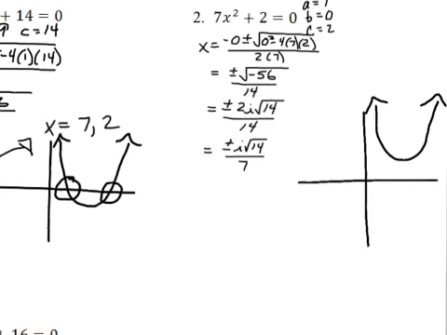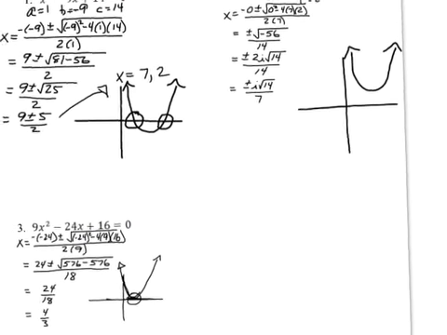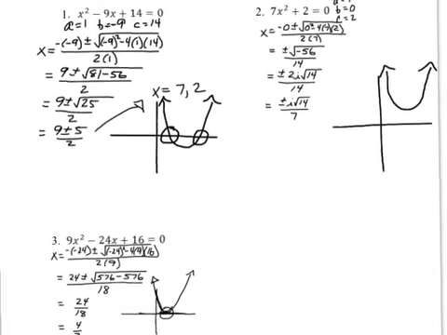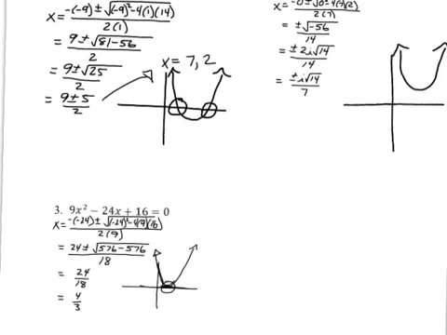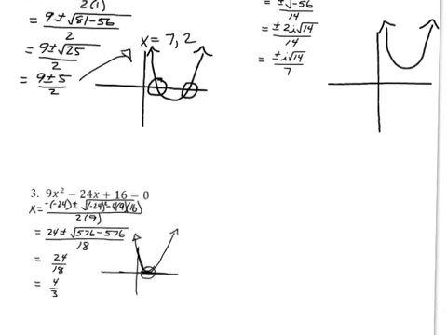Those are the 3 different types of parabolas in general. You could have ones that go upside down, but for the most part, a parabola has either 2 x-intercepts, 0 x-intercepts, or 1 x-intercept. I hope that makes sense, and hopefully that helps out.